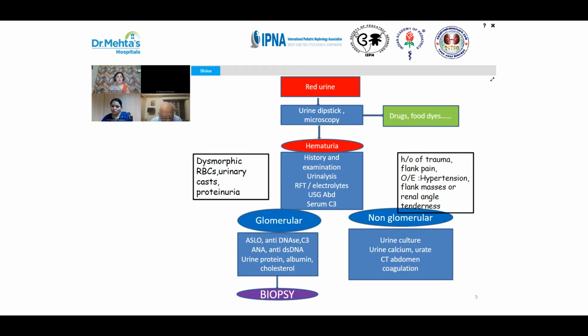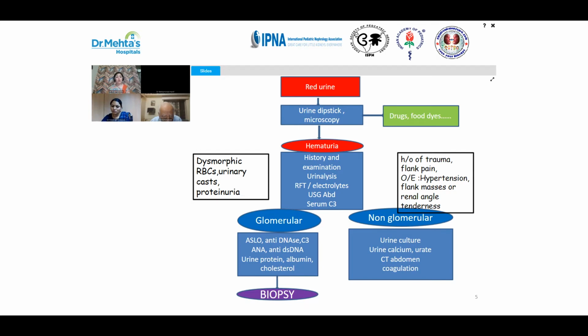The presence of dysmorphic RBCs, RBC casts, and proteinuria leads us to a diagnosis of a glomerular cause of nephritis. Whereas if the RBCs are present but not dysmorphic, and there are no casts or casts other than RBC casts, and little or no proteinuria, we have to think of non-glomerular causes.